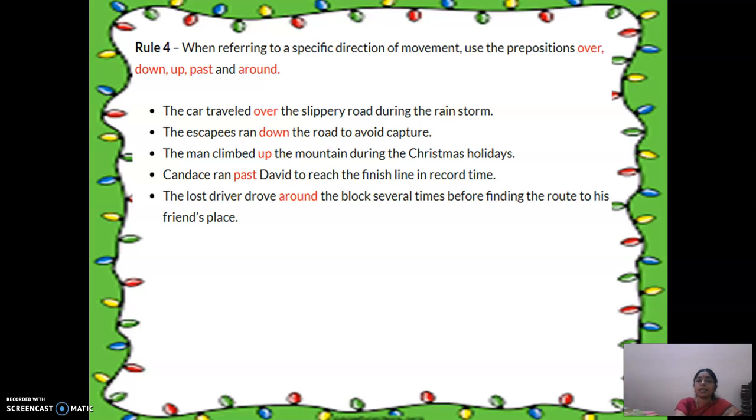The man climbed up the mountain during the Christmas holidays. Candace ran past David to reach the finish line in record time. The lost driver drove around the block several times before finding the route to his friend's place. So, all these are different prepositions showing the direction of movement.